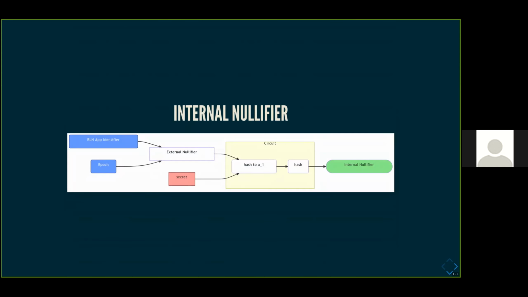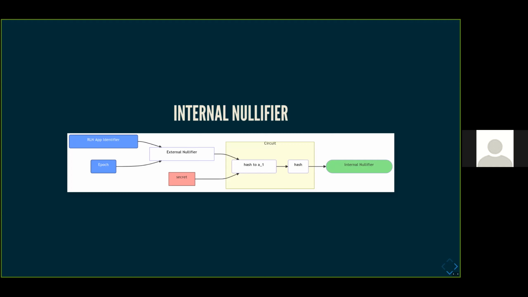All right, and then the internal nullifier, so this is that unique value that basically shows you that a user has reused or has shared too much during an epoch, that allows you to recombine the shares to reconstruct someone else's secret. The way this is constructed is using the epoch and the secret, essentially.